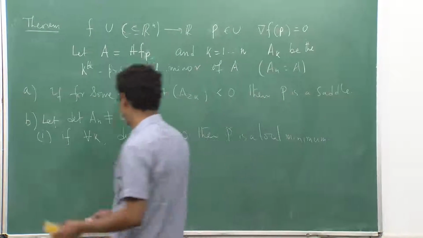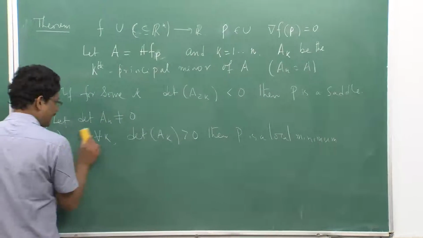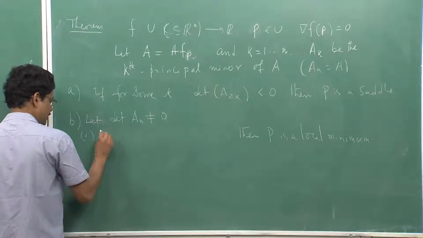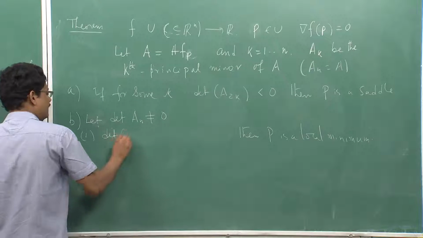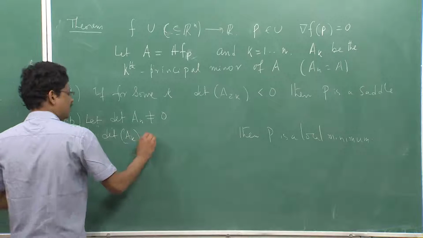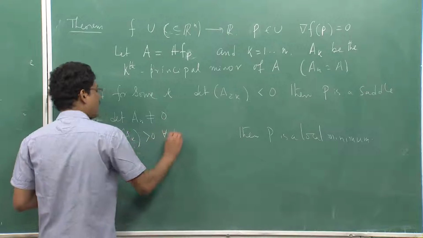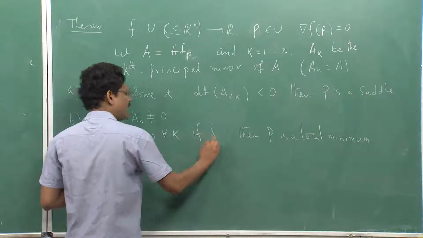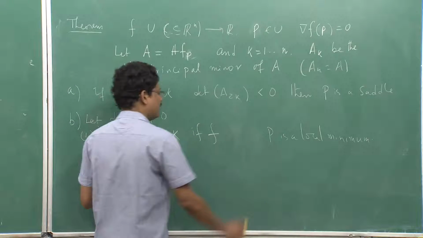In fact, I can write it in this form: the determinant of A_k is greater than 0 for all k if and only if P is a local minimum.